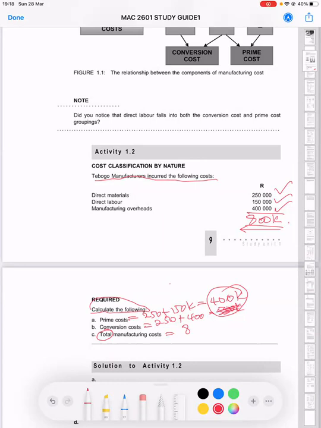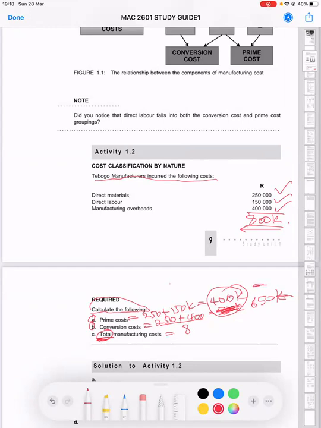If you add this, how much are we getting? 650. Okay. Oh no, you can't add A and B, people, to get your total manufacturing cost, because your labor is double counted. It is found there and it is found there. So yes, you cannot simply say A and B is your total manufacturing cost.